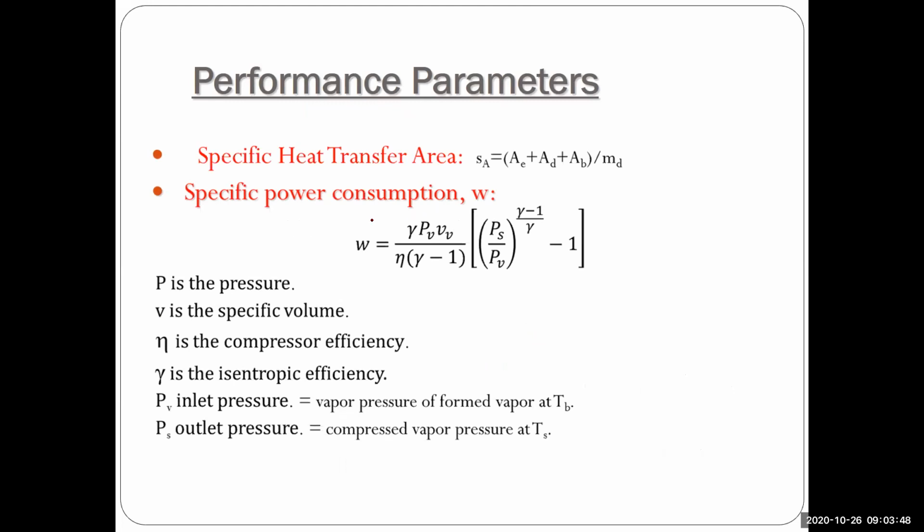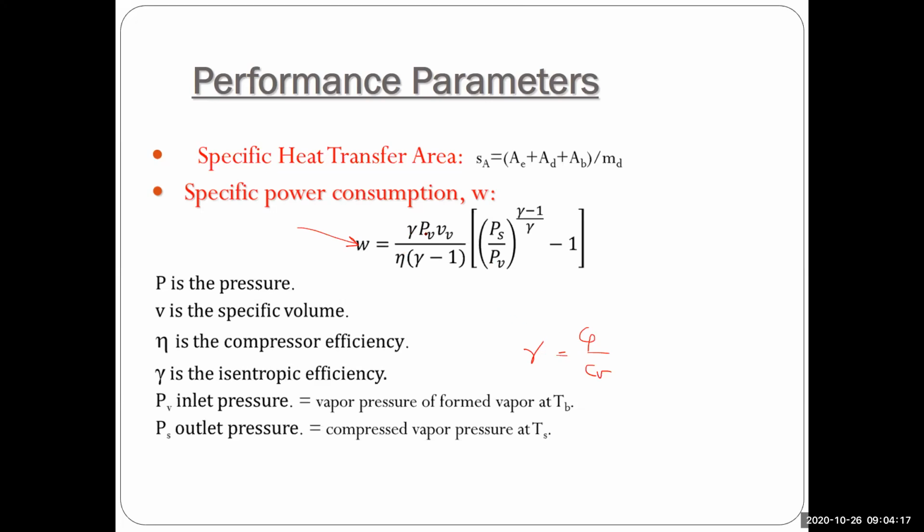So what we are going to write here is, it is going to be given in terms of a specific energy or specific power consumption by the compressor. This equation has been taken from Thermo 1, ME2O3, for running a compressor, where gamma is the specific heat ratio. So gamma is basically Cp over Cv of the vapor that we are using.